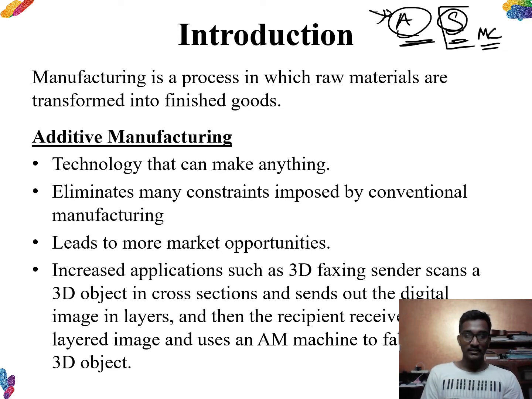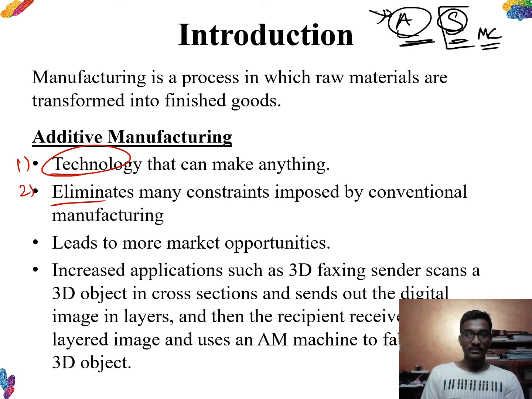So the first thing here is technology. By using technology, either CAD or many other software, we can use additive manufacturing as a major tool. Secondly, it eliminates many constraints imposed by conventional manufacturing.